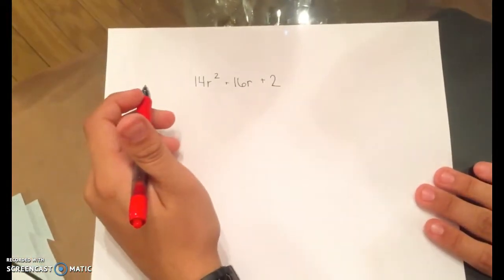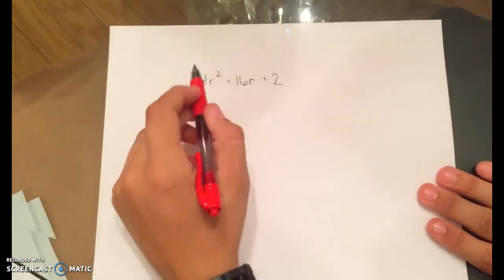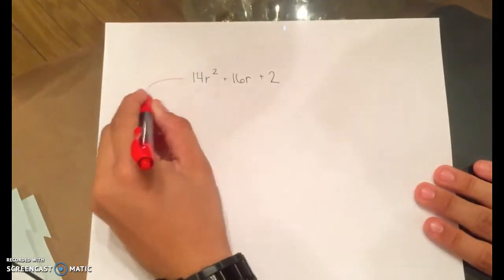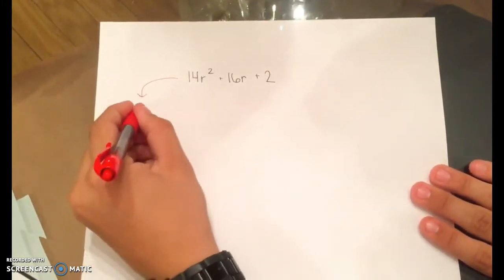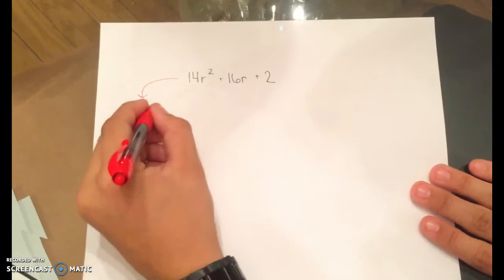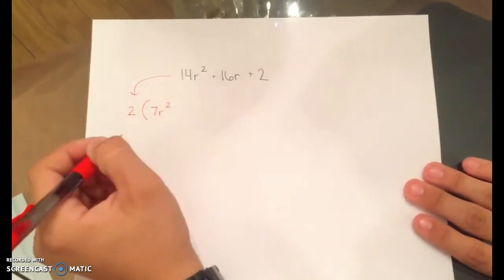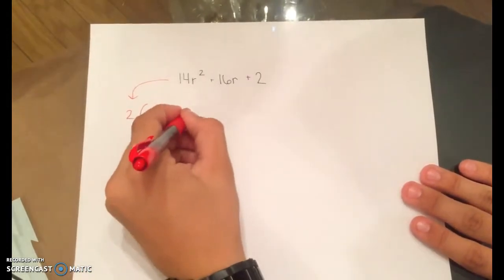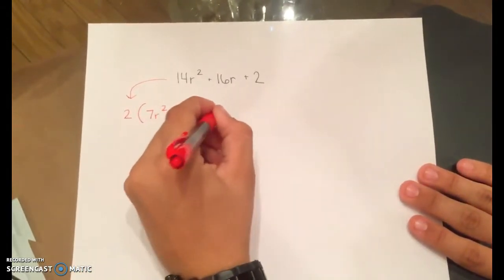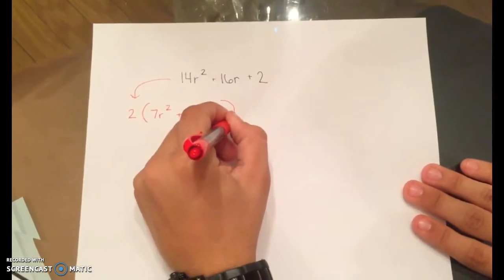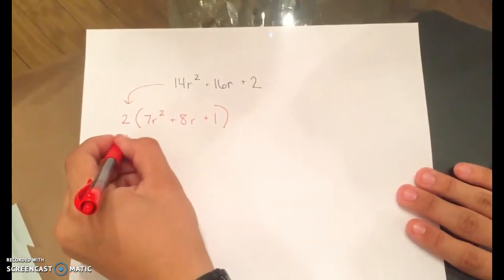And as for, I believe, our last one, we were going to take out the greatest common factor out of all of those, which is 2, leaving you back down with the 7r squared first in the parentheses. With the 16, you're left with the 8r and plus 1.